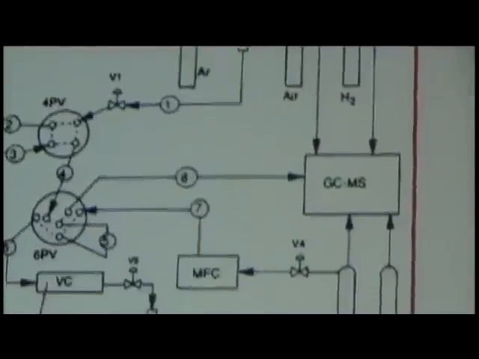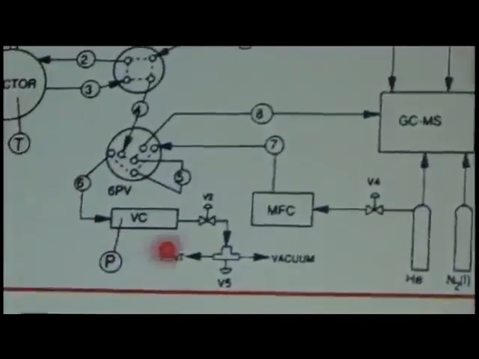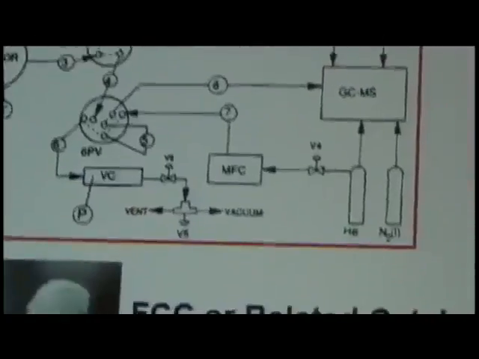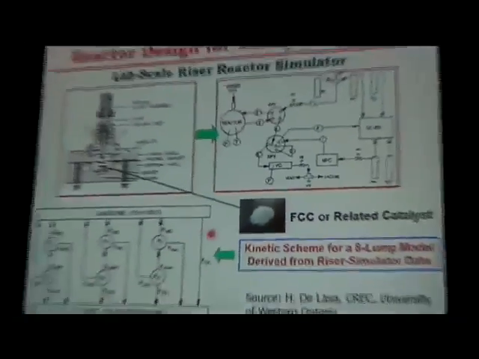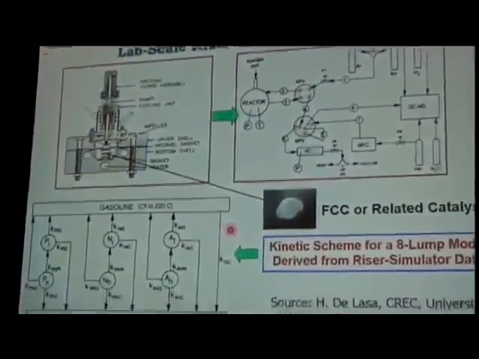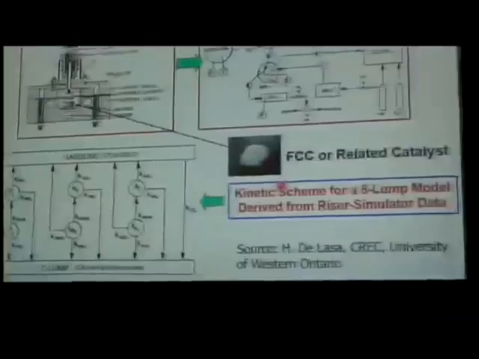He's shown, for example, how this has been used to measure the kinetics of various types of feedstocks. Here's an example of a kinetic scheme that he developed for gasoline using an 8-lump type of model.